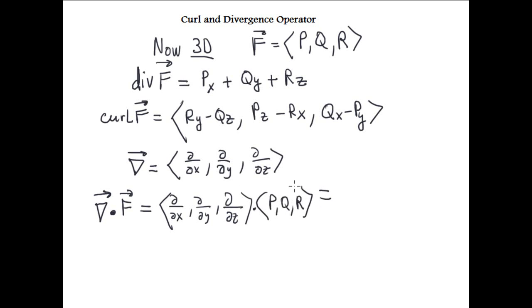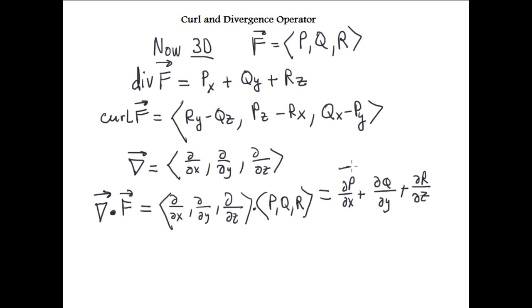And remember the idea for the dot product: your multiplication, this and this, this and this, this and this, component by component. So the partial derivative of P with respect to x, plus the partial derivative of Q with respect to y, plus the partial derivative of R with respect to z.